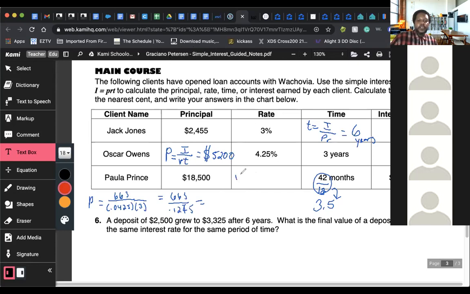I'll let you guys figure that out. Let's see here.